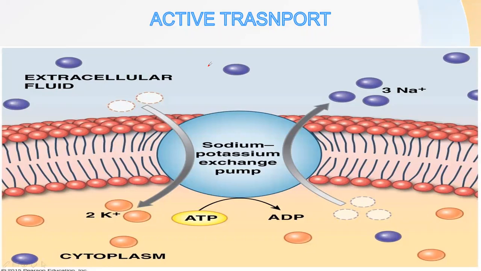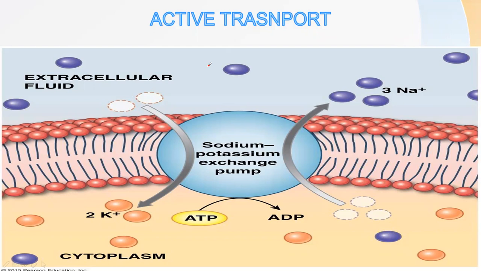First these carrier proteins catch some potassium ions from inside of the cell, and they go to the outside environment and leave these potassium ions.